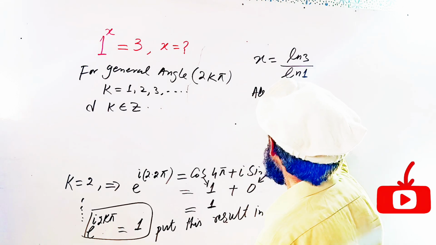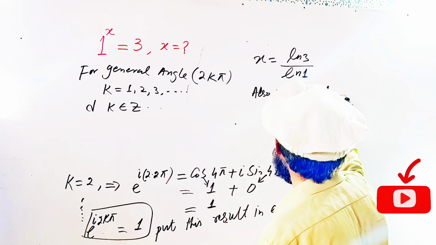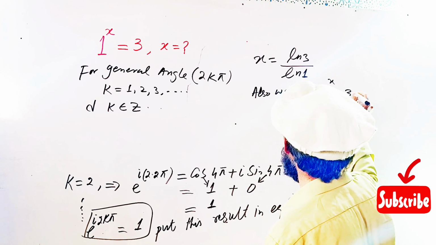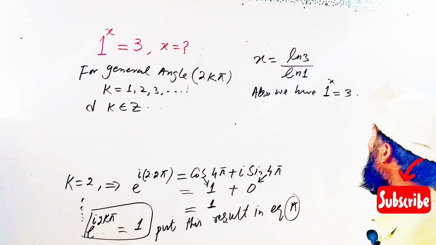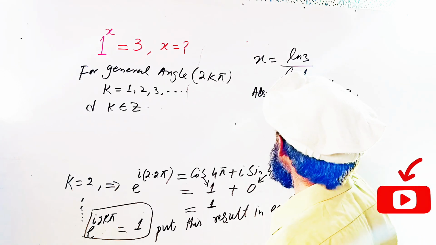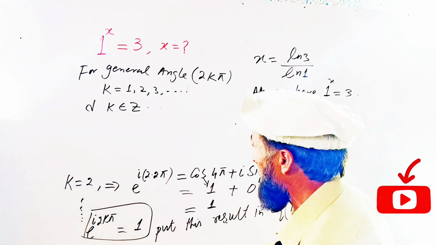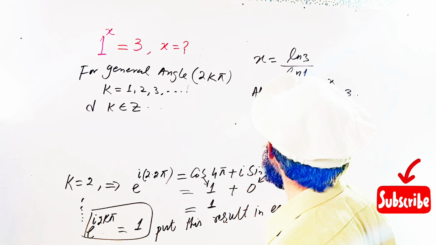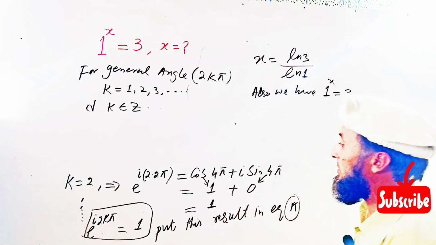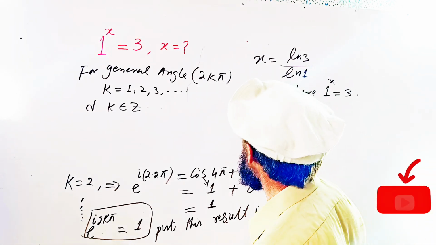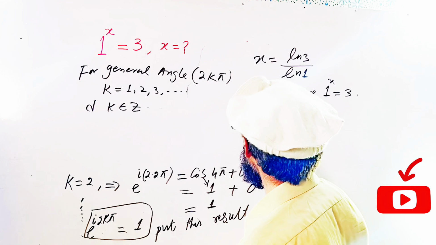Also we have in the given question 1 exponent of x is equal to 3. So we need log of 1, so log is required, and first we need the exponent of x. We are applying e^(i 2k pi) is equal to 1.